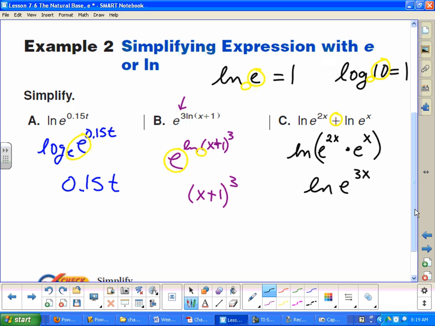Since we're multiplying, same base, we add the exponents. And now I can simplify this. Since my bases are both e, this just equals 3x.